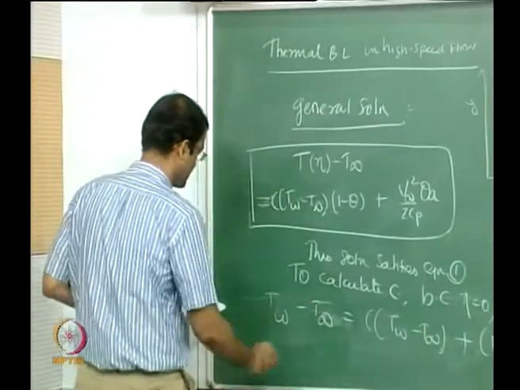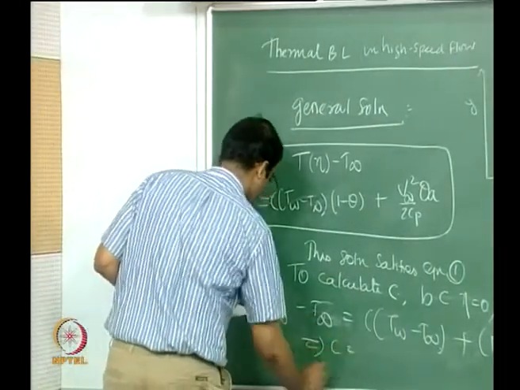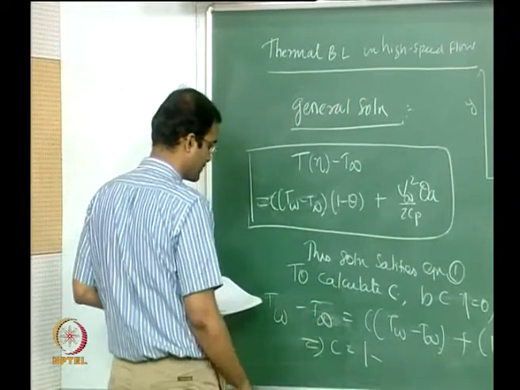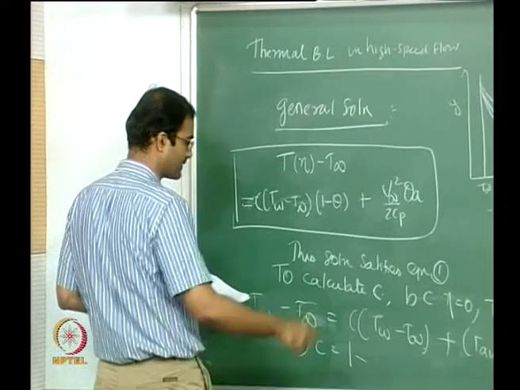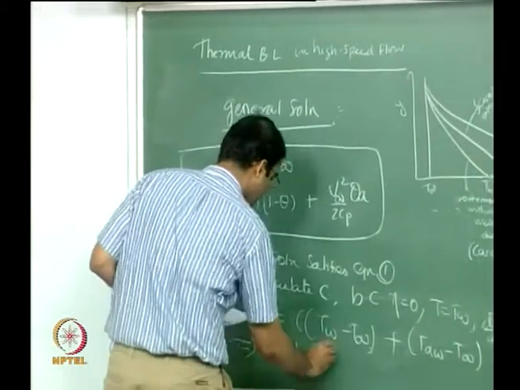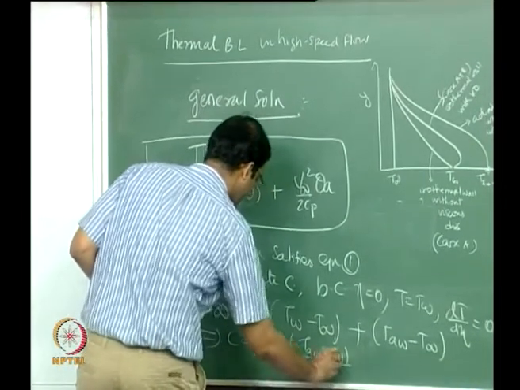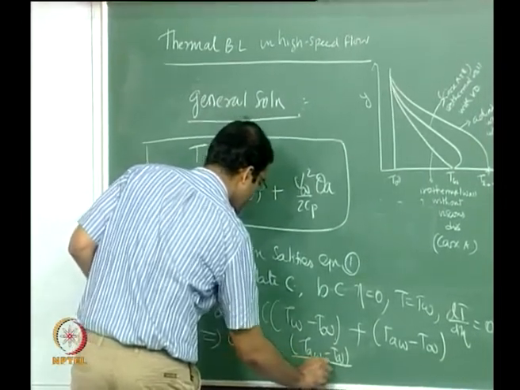So this will give me C equal to what? I can just take this common, so this will be 1 minus C plus is equal to this, so C will be 1 minus T adiabatic wall minus T infinity divided by T wall minus T infinity.